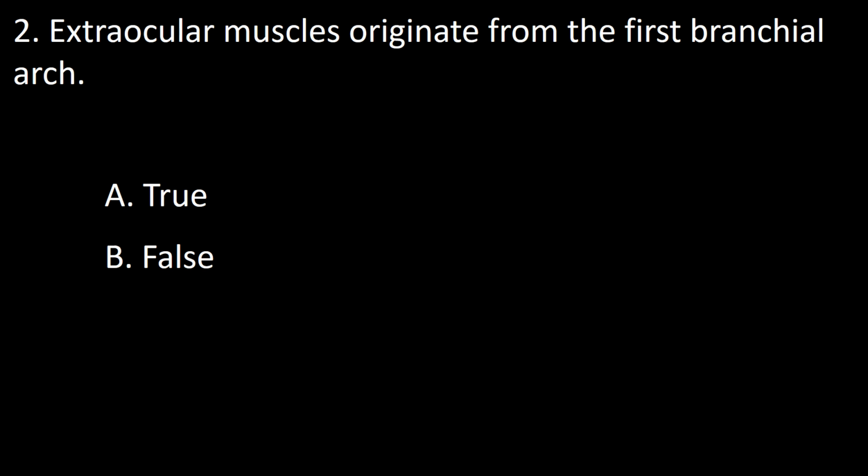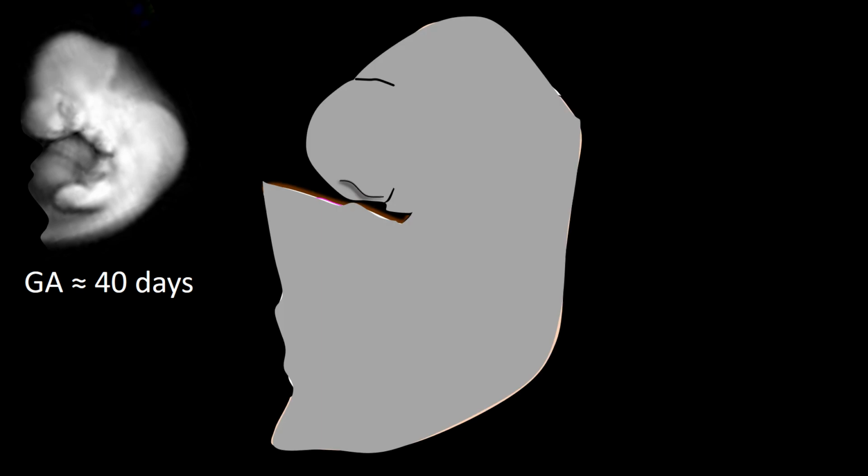Next question. Extraocular muscles originate from the first branchial arch. A true, B false. This is a photograph of an approximately 40-day gestational age fetus, which I have illustrated here. Here you can see the nasal placode, and now I have introduced the optic placode.